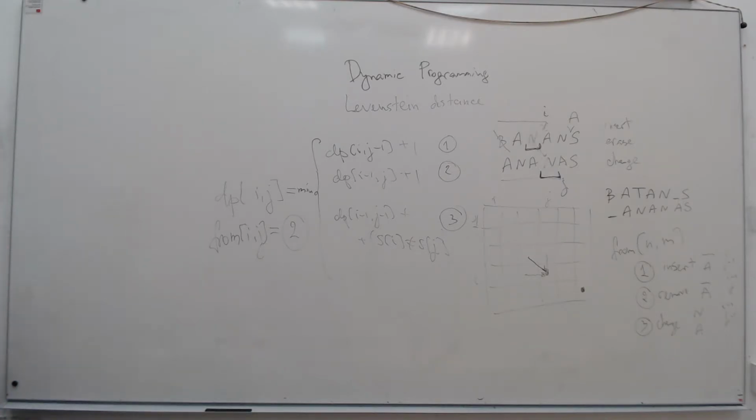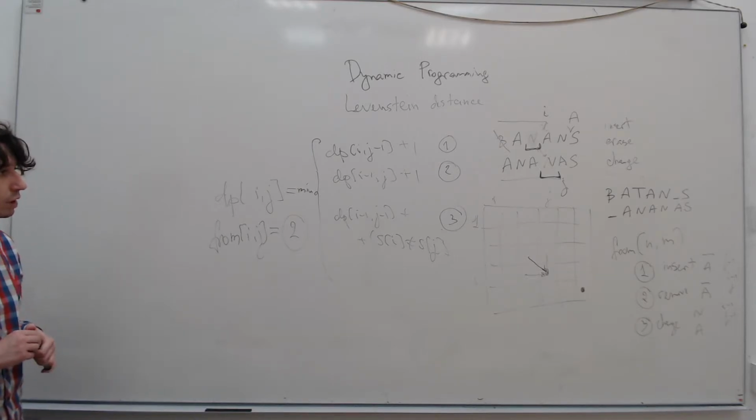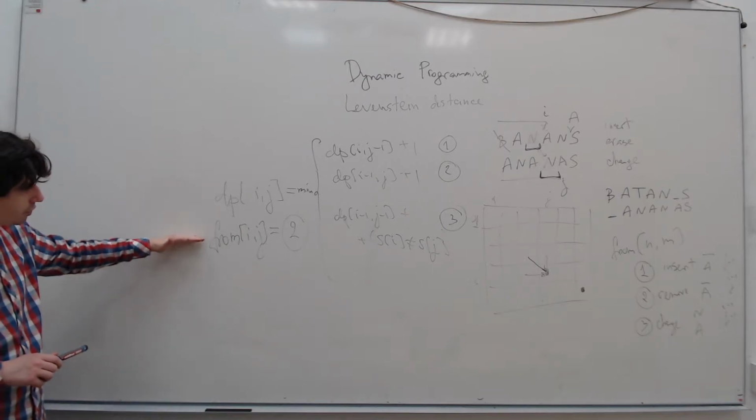Vitaly, I'm clear with the idea of turning backwards, but do we save the information about each step in some variable or array which consists of these numbers 1, 2, 3? Yeah, so you have this from array.